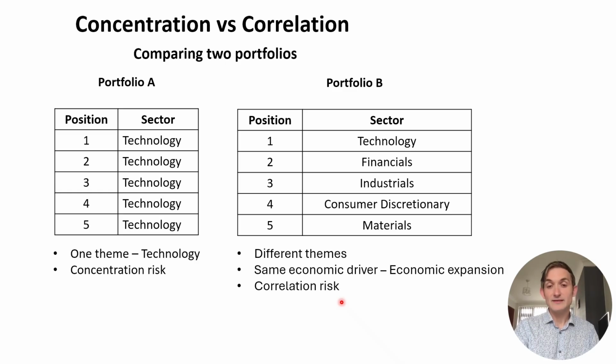So what this means is that in the event of an adverse market event, they may all move negatively against you. So in isolation, both of these two portfolios may seem to be well diversified, but when larger drawdowns start to be experienced, it's to do with losses clustering together in relation to concentration or correlation.